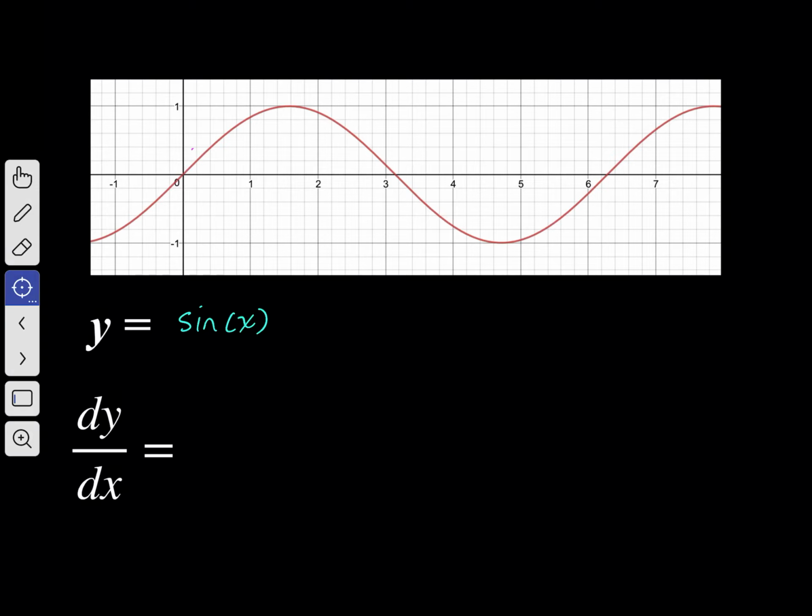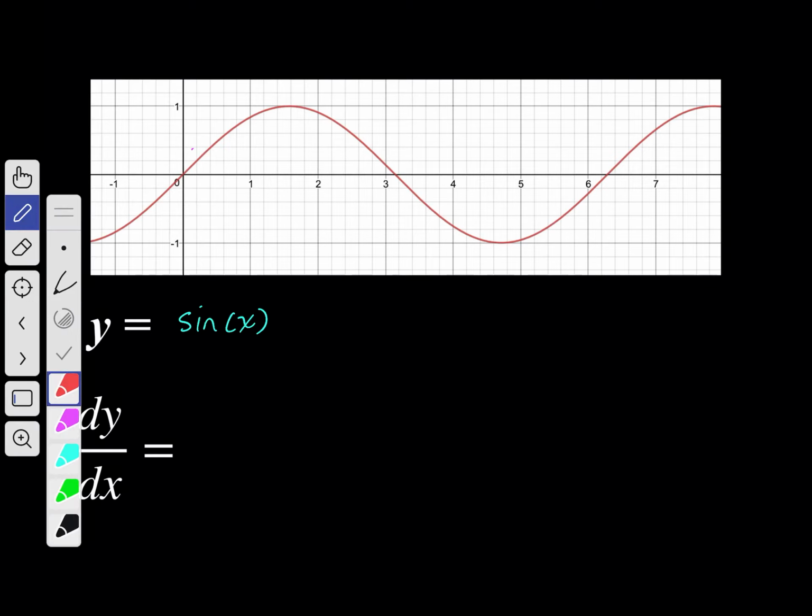And of course, if we're looking at a derivative, we're looking at the slope of the tangent line. And so way over here, we have a minimum. That means our tangent line slope is going to be 0. Here as well, here, and here. So let me draw those in real quick.